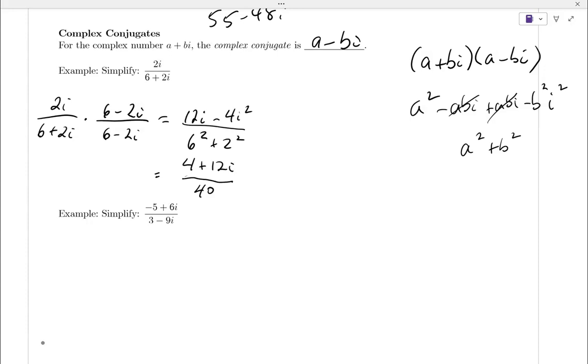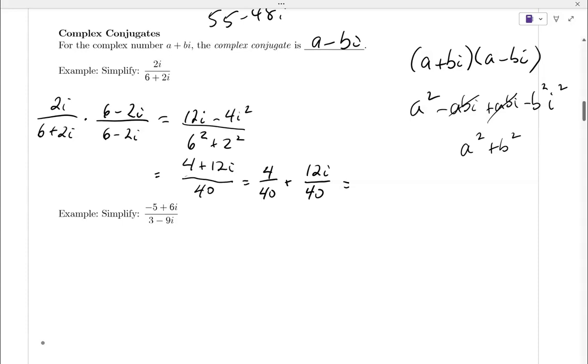We also talked a little bit about last time about writing a complex number in standard form, having the a plus the b times i. If we want to do that here, I can split up the fraction into two pieces. So I'd have 4 over 40 plus 12i over 40. And then notice that those fractions reduce a little bit.